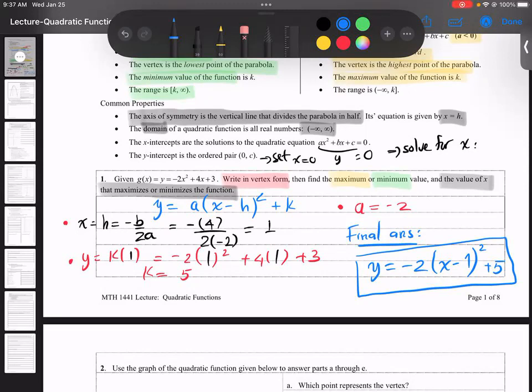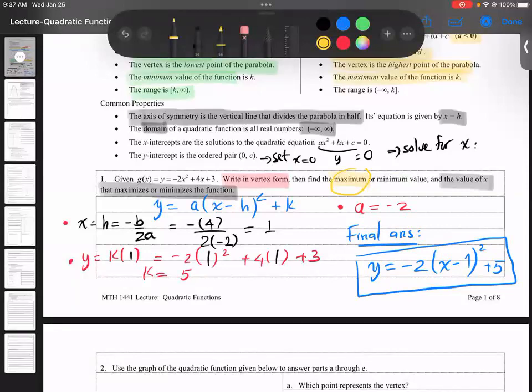Is it going to be a maximum or minimum? Minimum, right? Actually, it's open down, so it's going to be max. Right? It's negative a, so your vertex is a sad face. So you have a maximum. The value of x that maximizes the function will be, what is the maximum value?